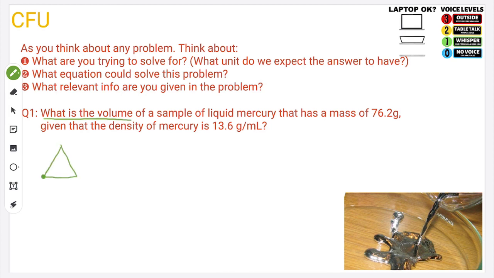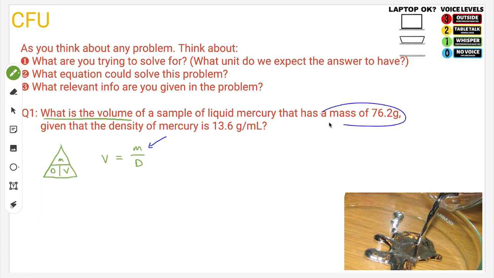Volume. What's the equation for volume? Let me draw this little triangle right now. D, M, V, covering the V part, right? Volume is equal to mass over density. Great. Do I have mass? Do I have density?